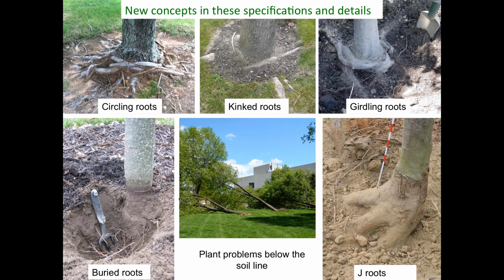Roots are a little trickier, and we've made a big attempt in this document to address root zones. I often say trees grow with defects until they don't, and you can see in the middle bottom where the trees have effectively failed. Trees grow by cell division.